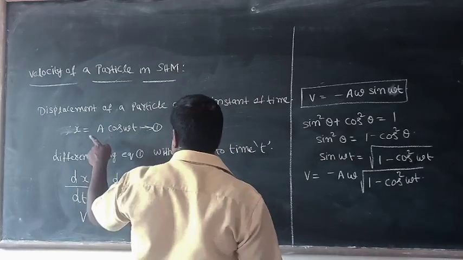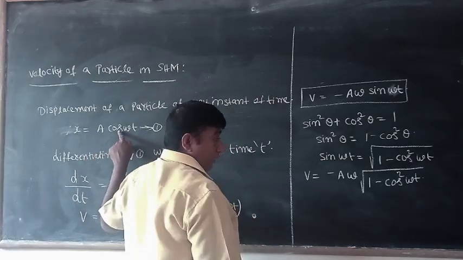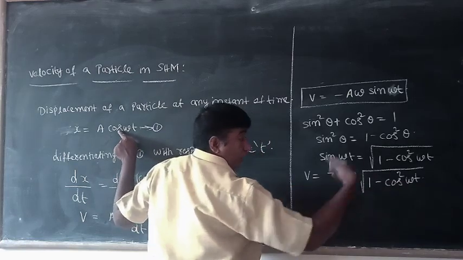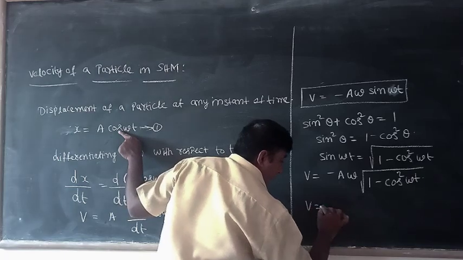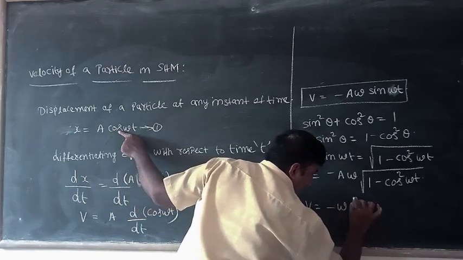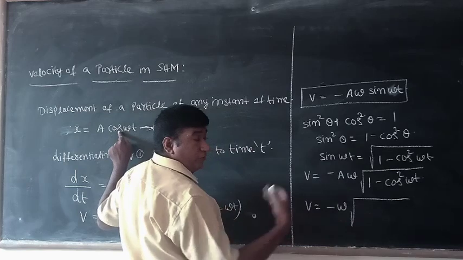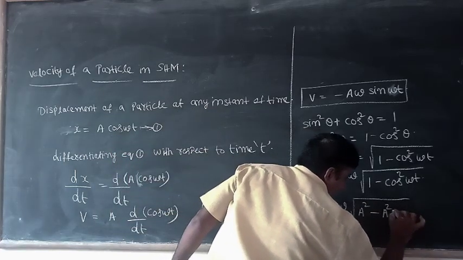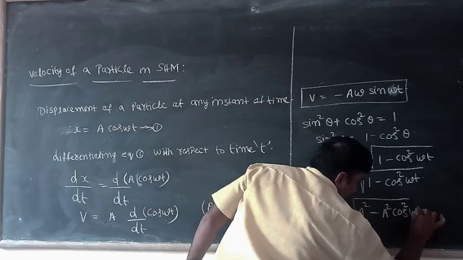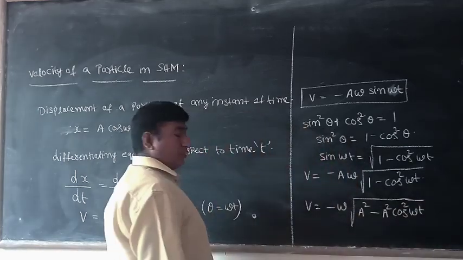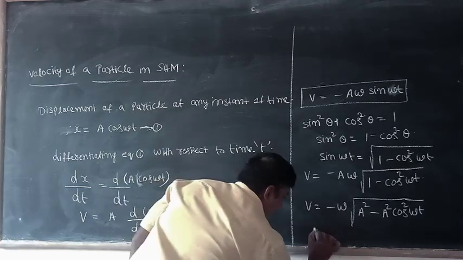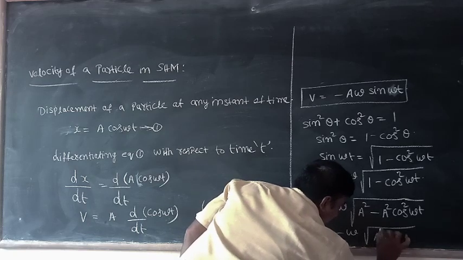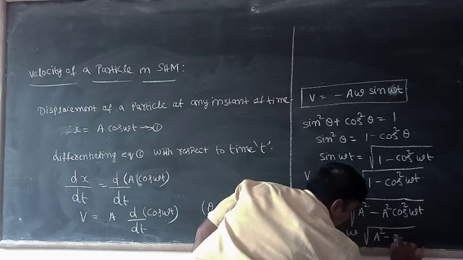But here x equals a cos omega t, and here I have cos square omega t. I can send this a into the root. So v equals minus omega times root, and if a moves inside the root it becomes a square, so a square minus a square cos square omega t. So this equation we can write as v equals minus omega root of a square minus x square.